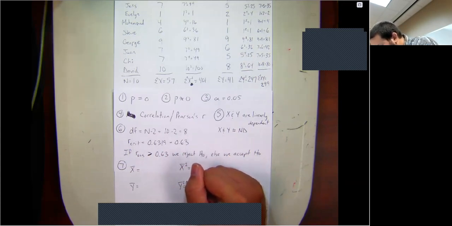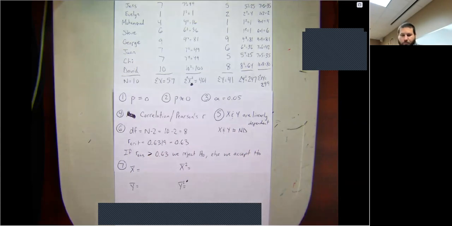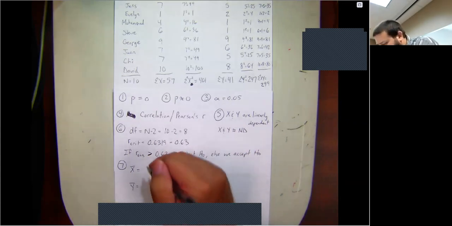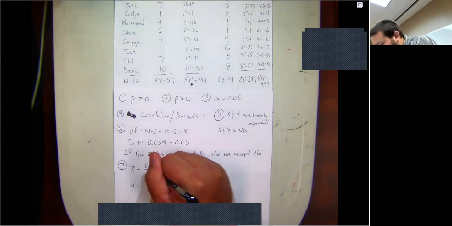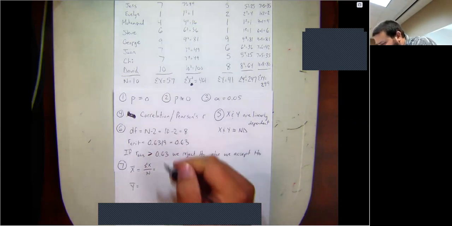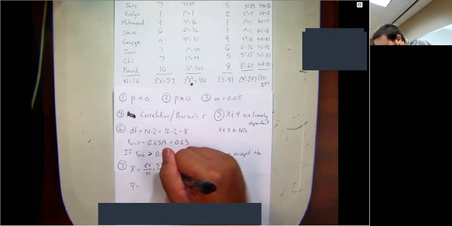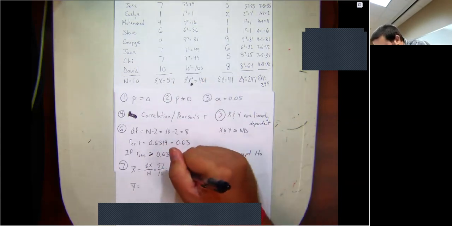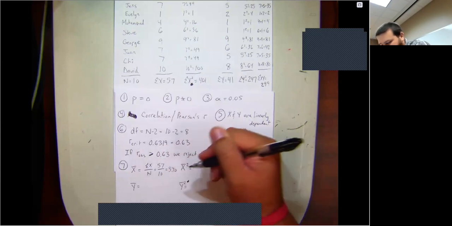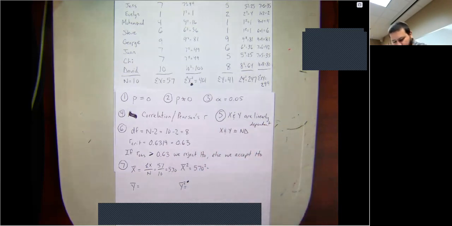All right, so x bar, just like we've always done, is sum of x's over n. The sum of the x's was 57. The n is 10. So the mean is 5.7. And if we take that mean and square it, 5.7 squared, we get 32.49.